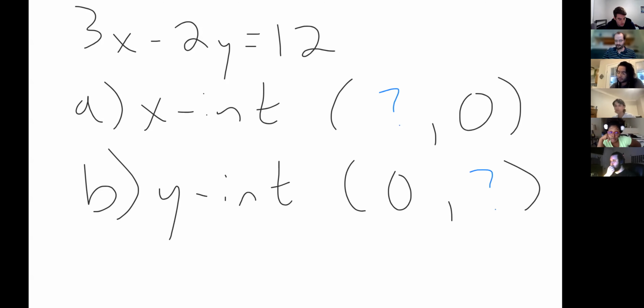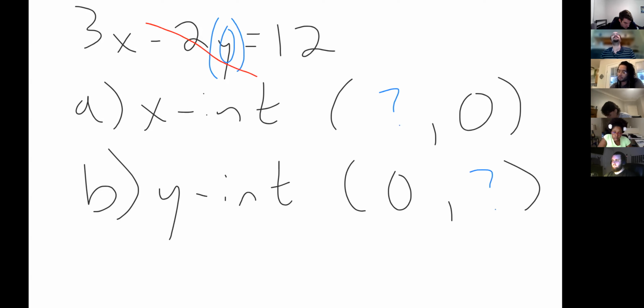Okay, so what I did was, to find my X value, I put the 0 in the Y, and then I divided the 3 with the 12.